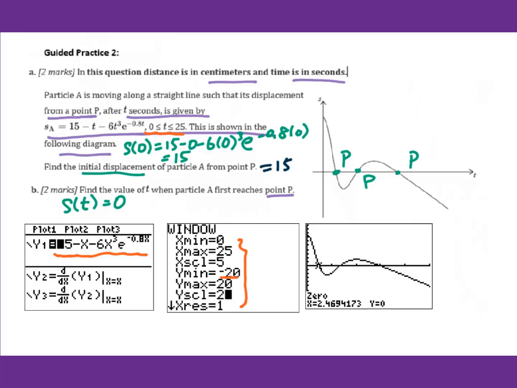You can change it later after you graph the function. I'm looking for the zero. They give me x equals 2.47 seconds. Therefore, t equals 2.47 seconds. When you put it into a calculator, every variable changes into x.